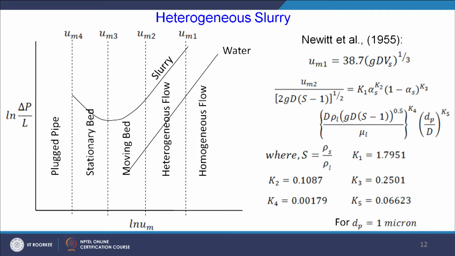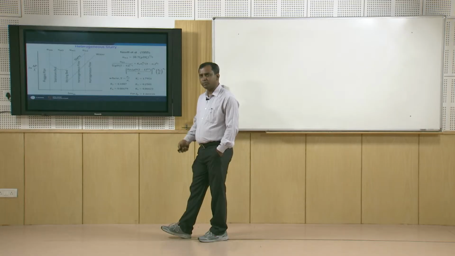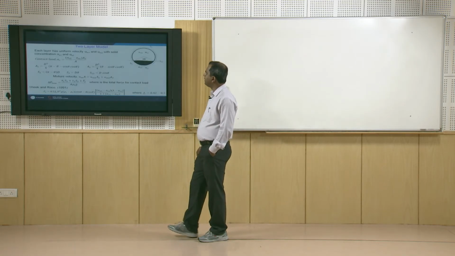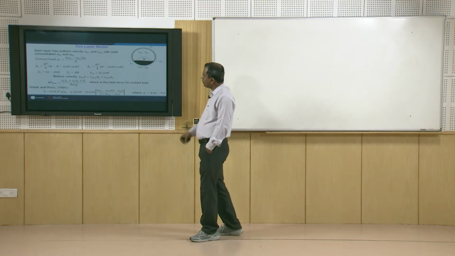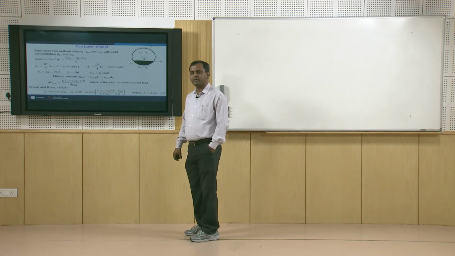So, UM2 is given by this correlation, which depends on the five Ks and S. So, we can characterize, depending on the parameters and properties, whether it will be homogeneous or heterogeneous slurry.